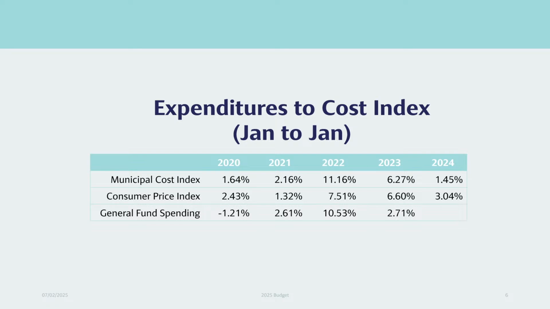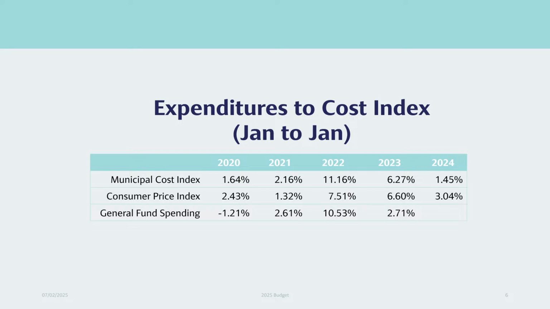So just to compare that to what our spending looks like, I've created this chart. There's the municipal cost index, which includes things like construction. And we know that construction is one of the items that has seen more inflation than others, versus the consumer price index, which doesn't account for construction as much.